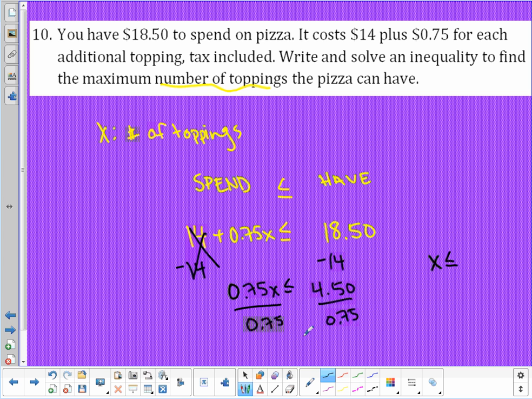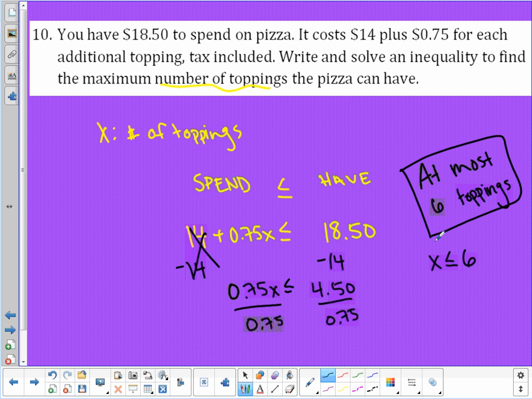My sign stayed the same because I divided by a positive, and 4.50 divided by 75 cents is 6. So I can have at most 6 toppings, or in other words, less than or equal to 6 toppings. Notice that I have words in the question, so I need words in the answer. Make sure you put a label with it.